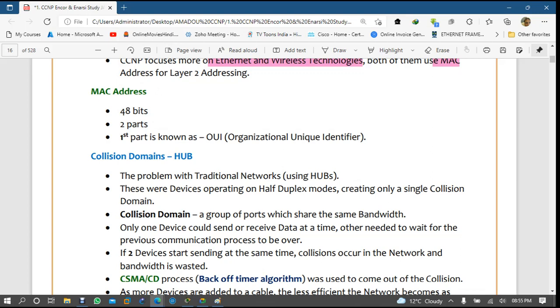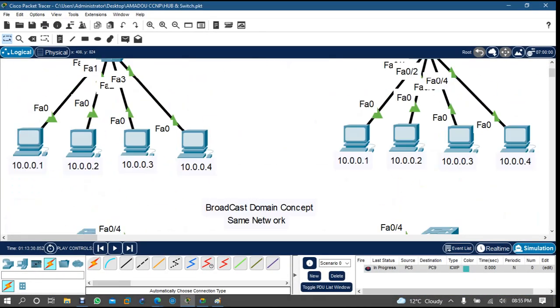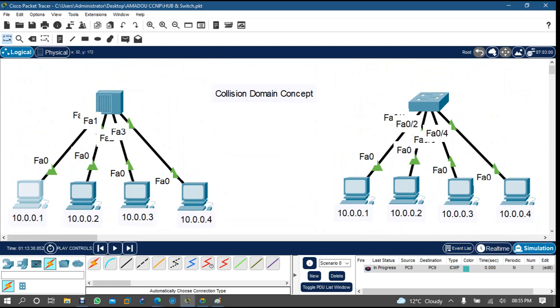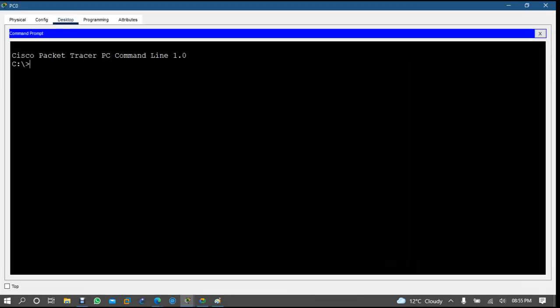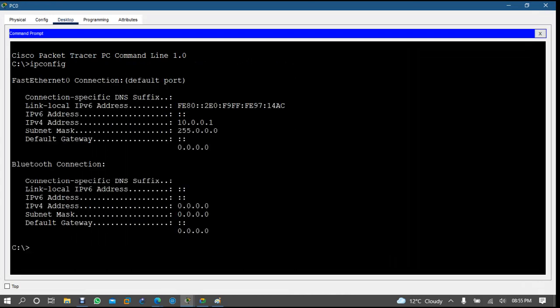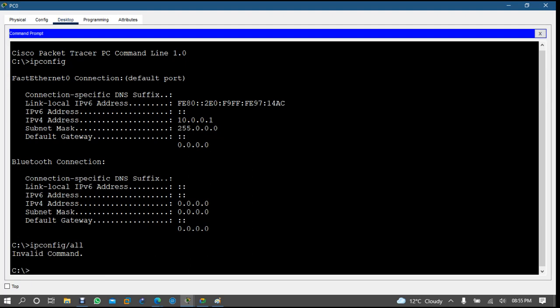If we come to our computer to check our IP config, we type ipconfig /all, with a space between ipconfig and the forward slash.